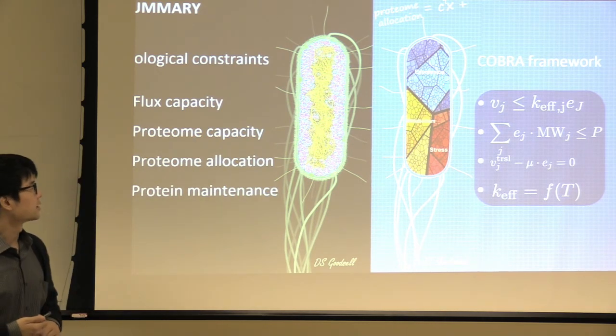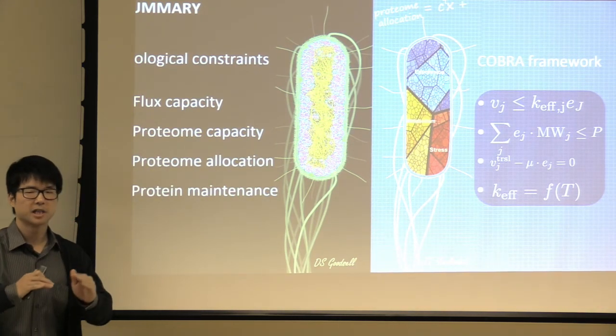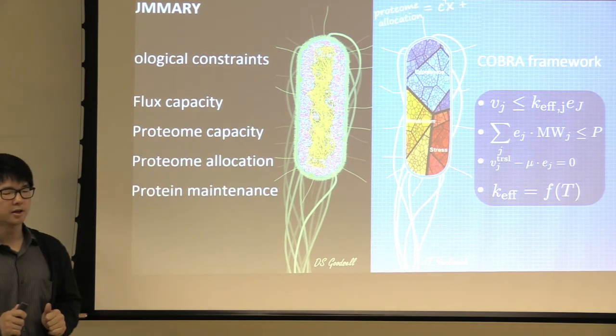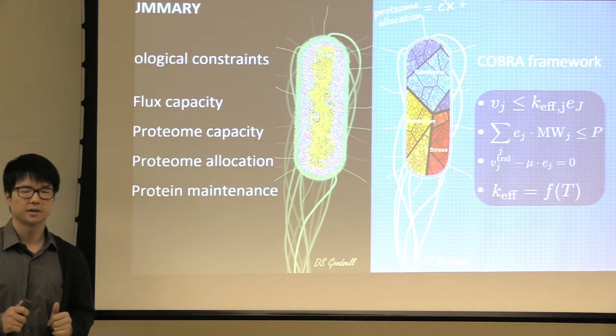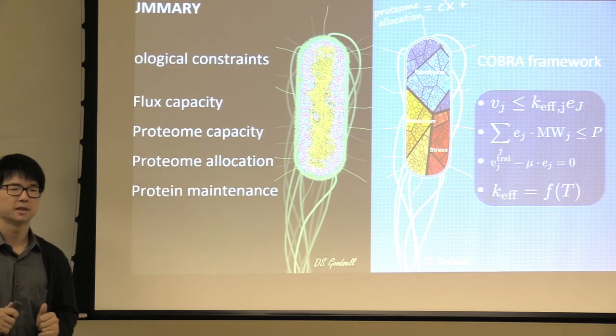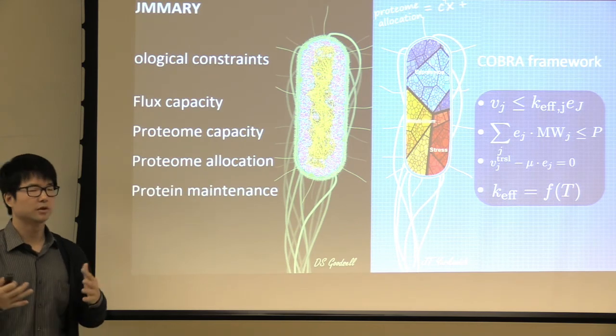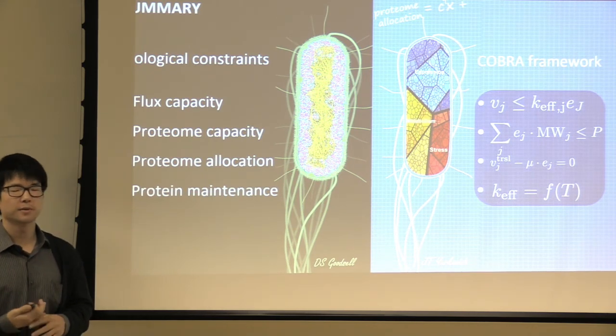So just to summarize, today we've gone through step by step, starting from a metabolic reconstruction. And then we considered how individual enzymes are limited in their maximum flux due to catalytic efficiency. And then we looked at the total macromolecular crowding and the proteome constraint.